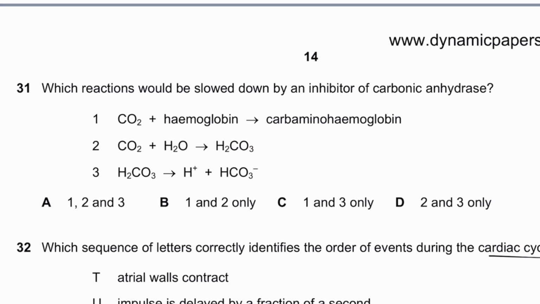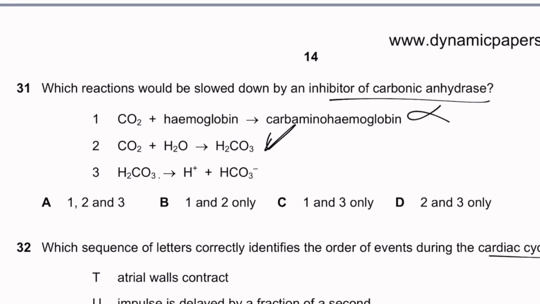So 1, 2, 3, 4. Which reactions will be slowed down by an inhibitor of carbonic anhydrase? Carbonic anhydrase is an enzyme that catalyzes the formation of carbonic acid from CO2 and H2O. So this reaction over here should definitely be affected. However, there's no option for one only, so we need to choose another one. While CO2 and hemoglobin to carbonic hemoglobin has nothing to do really with carbonic anhydrase.